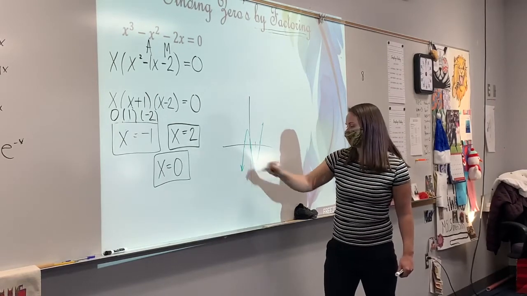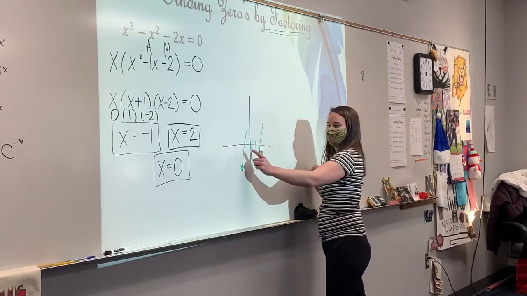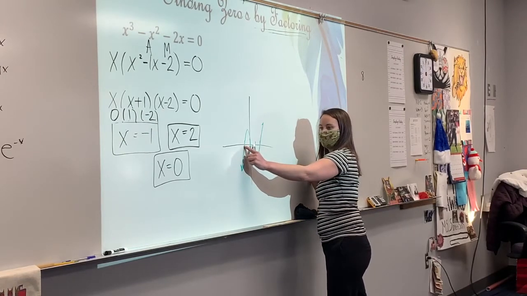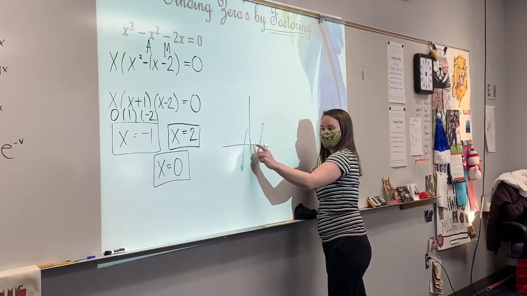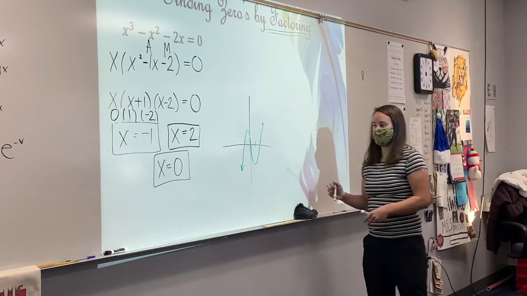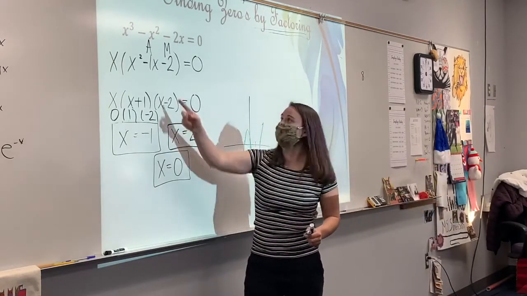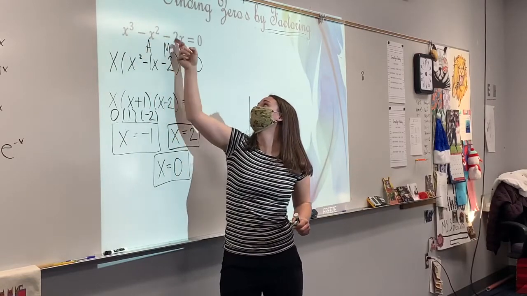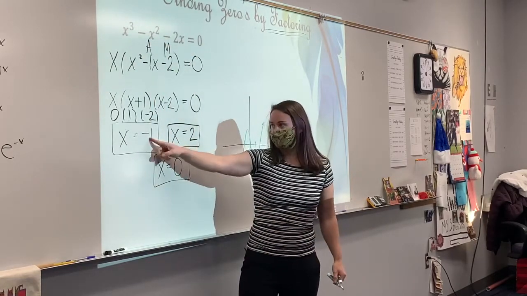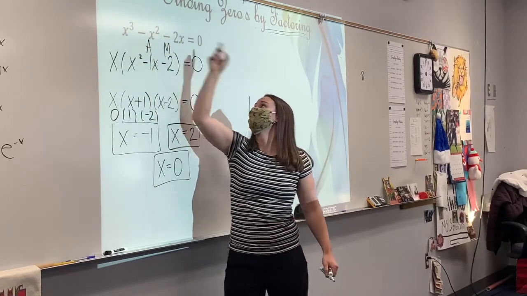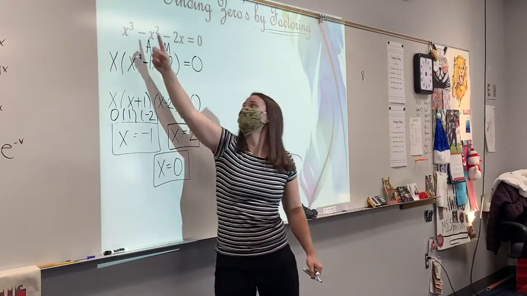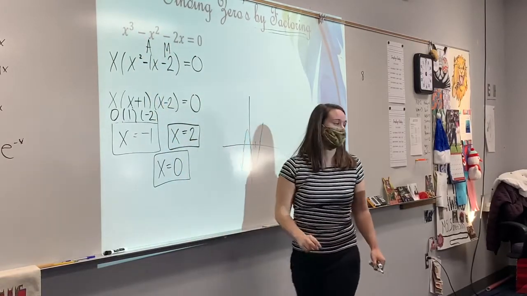So that's what we know our graph looks like. But also importantly, we know that these are the numbers that if I plug 0 in, I get 0. If I plug negative 1 in, I get 0. If I plug 2 in, I get 0.